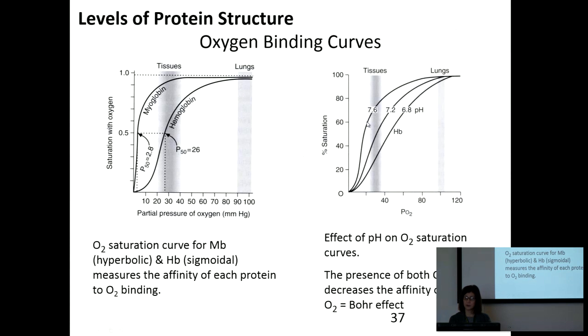So therefore, we can infer that it is easier at higher pHs to bind oxygen to hemoglobin. This is not a huge change, even though it's a log scale, a huge change in the hydrogen ion concentration. But there's a very marked difference in that. This is what we call the Bohr effect.